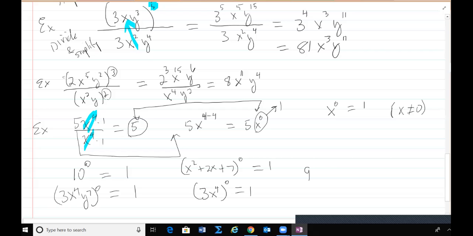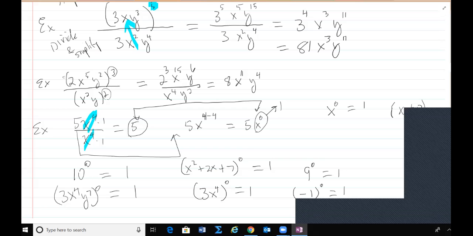If you have a 9 to the 0, it's a 1. Okay, anything to the 0 is going to be a 1. The negatives also. Negative 1 to the 0 is a 1. Okay, so just wanted to make sure you understood that last addition to our rules. Okay, so that's enough about that for now.